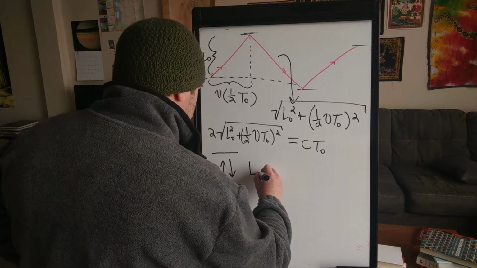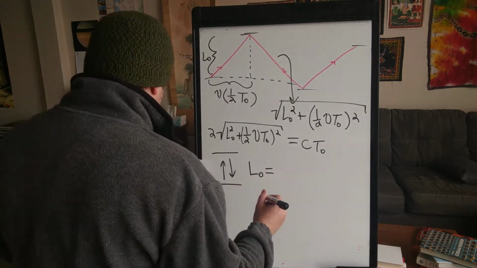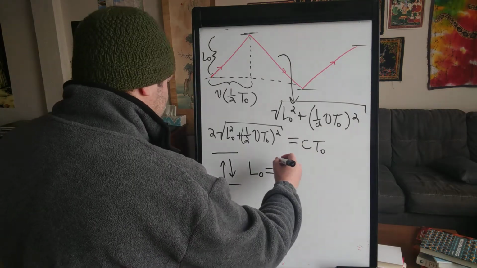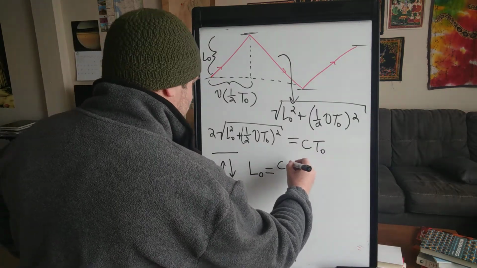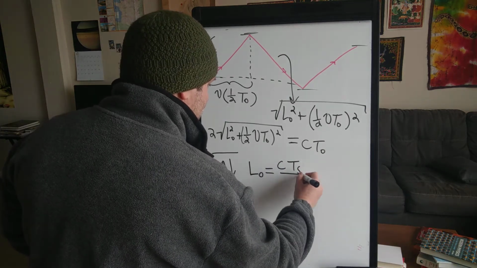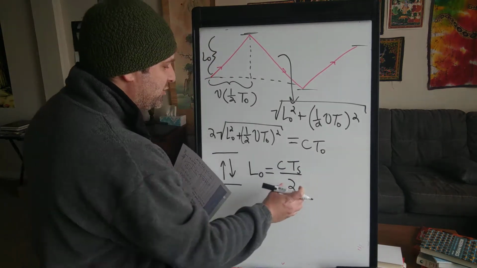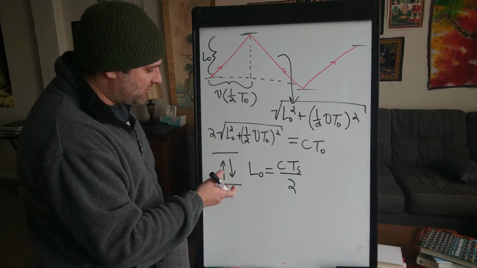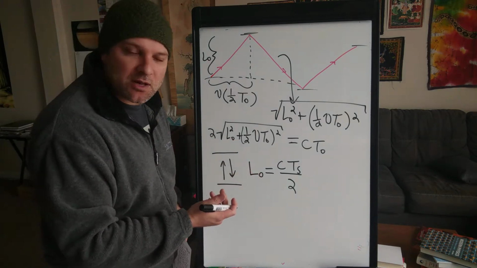So the distance they observe is L0. Okay? And from their perspective, this is c times ts divided by 2. The 2 is because this L0 is a 1/2 tick. It would be for 1 full tick, I'd have 2L.